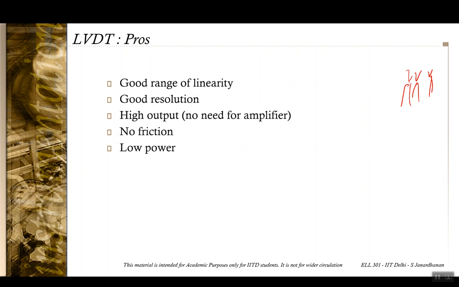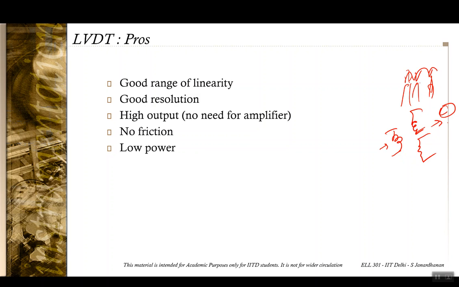You don't have, like in a wire wound resistor, jumps in your output, so the resolution can be quite good. And since there is a primary which can be powered, you may not need an amplifier at all; the output can be read directly.